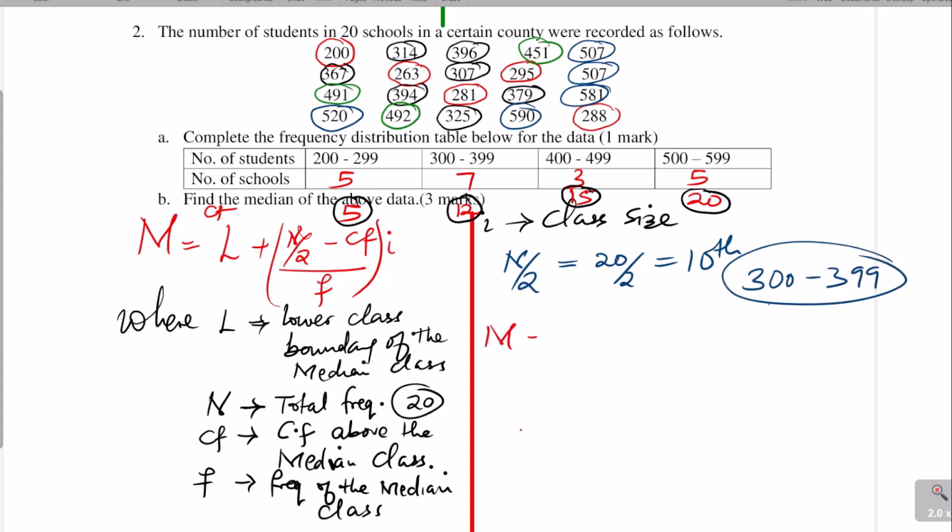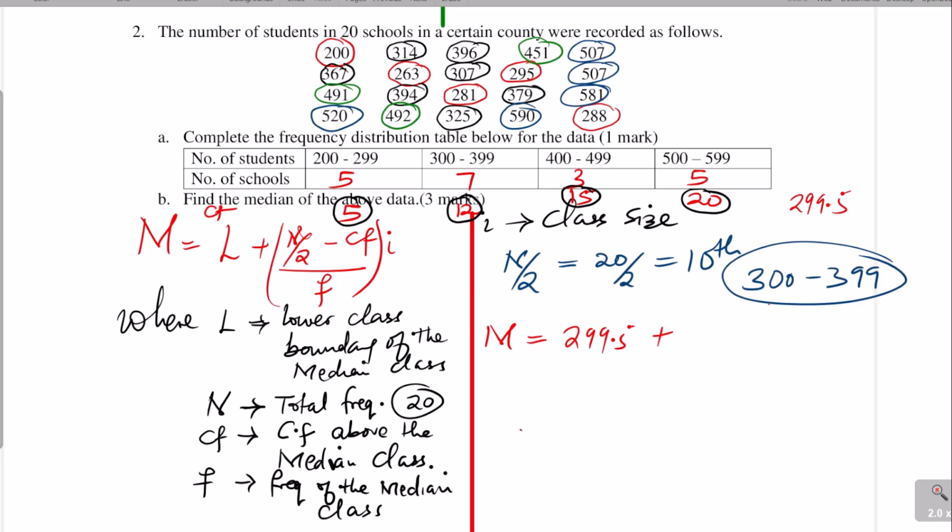So the median is given by L, which is the lower class boundary of the median class. The median class is 300 to 399. This is how we get the lower class boundary: we take 300 on the lower side and subtract 0.5, and you will get 299.5. So 299.5 is the lower class boundary.